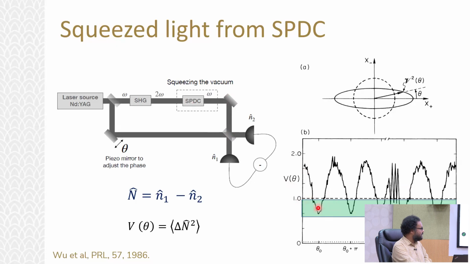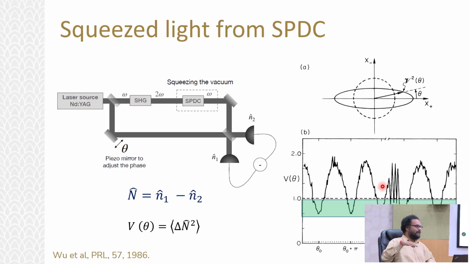And in this region of thetas, you are beating the shot noise limit. You are going beyond what is possible with classical light. If you did the same experiment without SPDC photons, removing this whole thing and taking this omega there, this whole thing would have shifted up, and you're limited by 1.